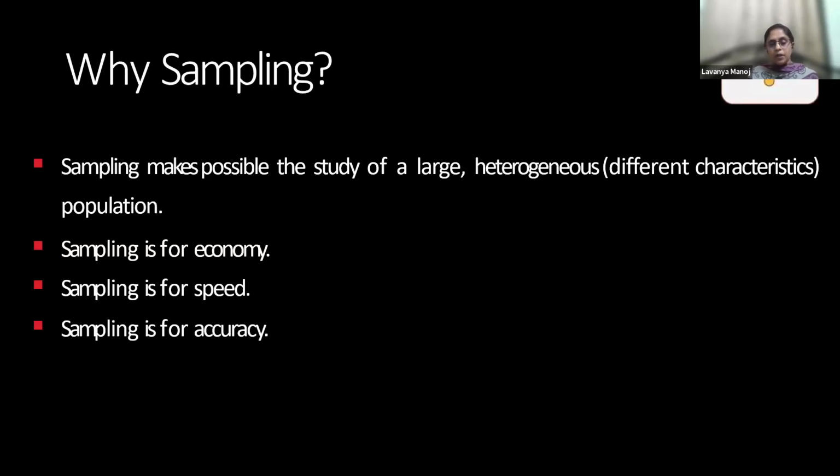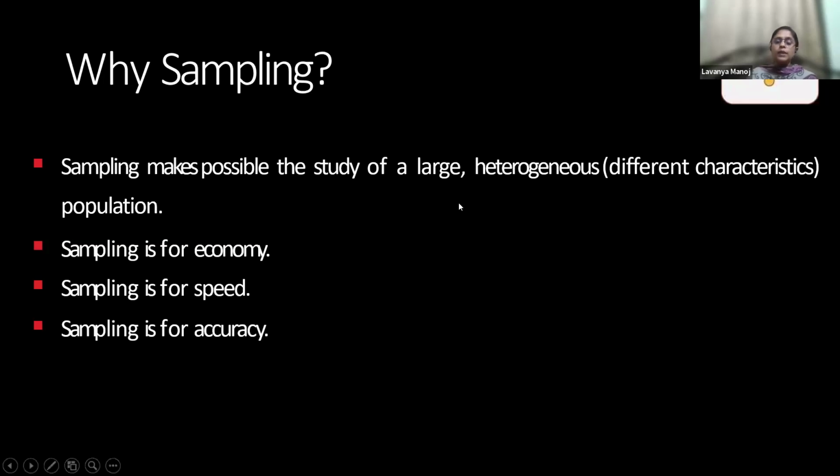So sampling is very important to minimize the time, the energy, and the cost. So you're randomly selecting, or calculatively selecting, a few from the population, a few from the group of people or participants.